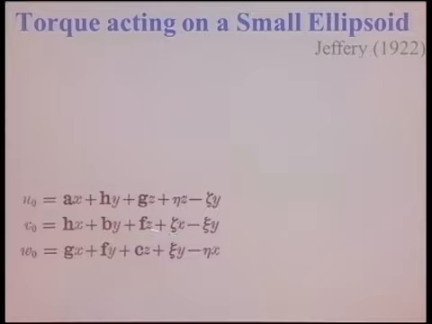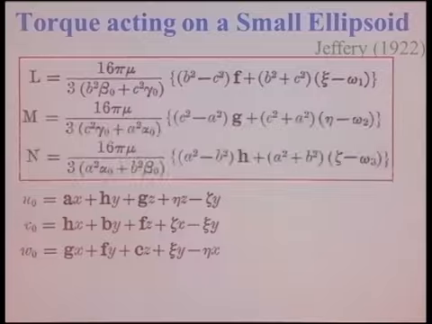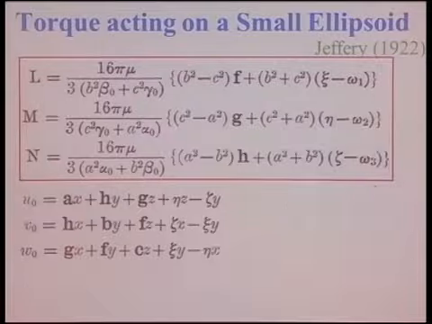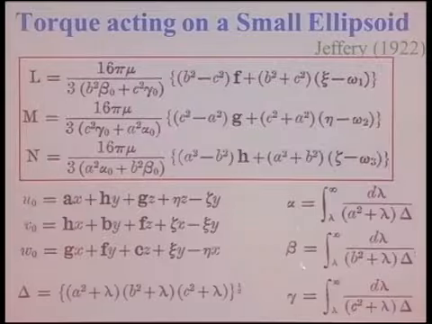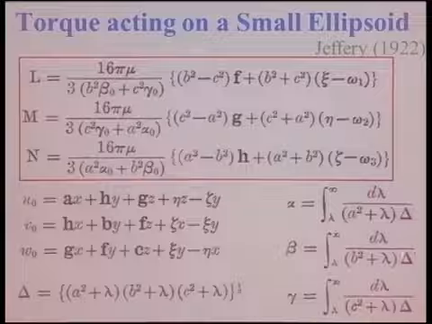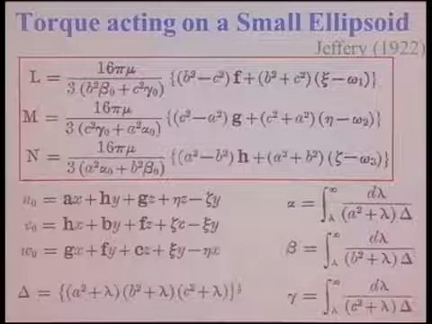He assumed the velocity field as linear in coordinate, and derived this L, M, N, the x, y, z component of the torque. And here the coefficient is given by a similar integral as before.